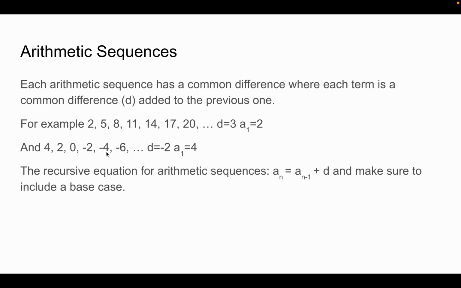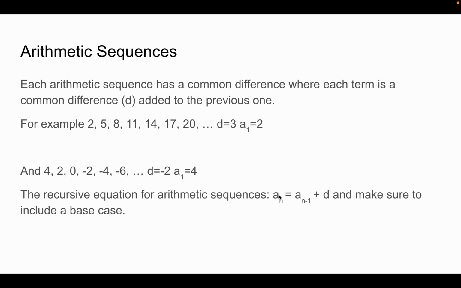We can get d equals -2 by doing -4 minus -2 equals -2. Now we can plug in d equals 3 or d equals -2 into the recursive equation. And we have an equals an minus 1 plus 3, and we also have another equation, a1 equals 2.